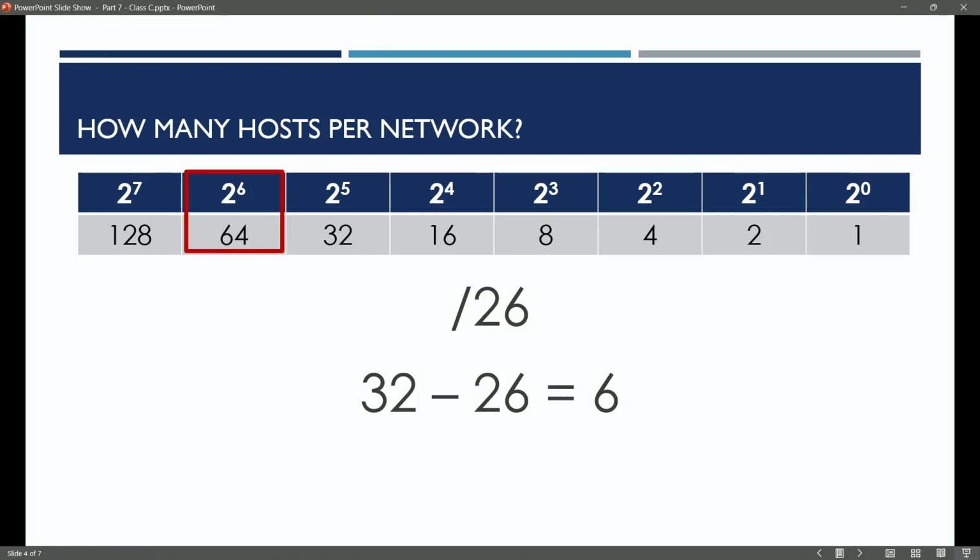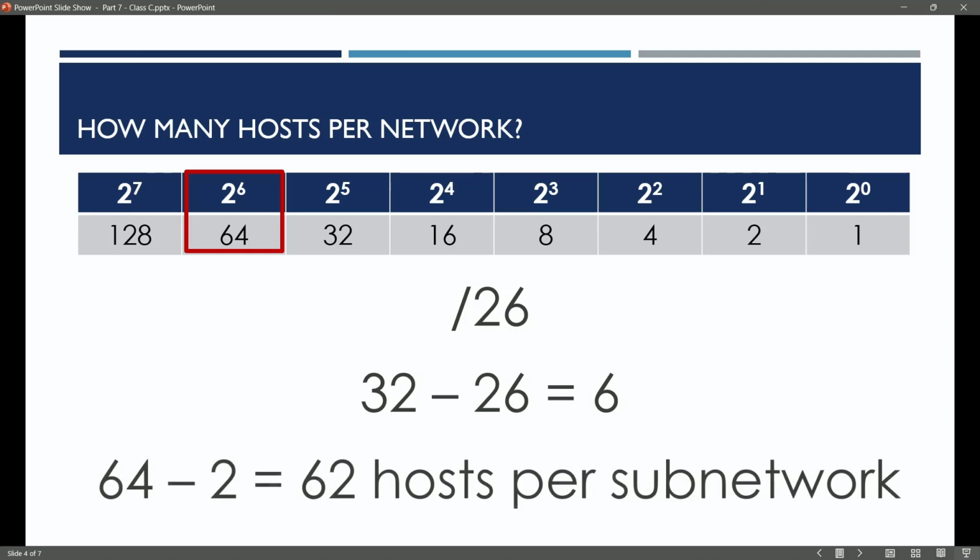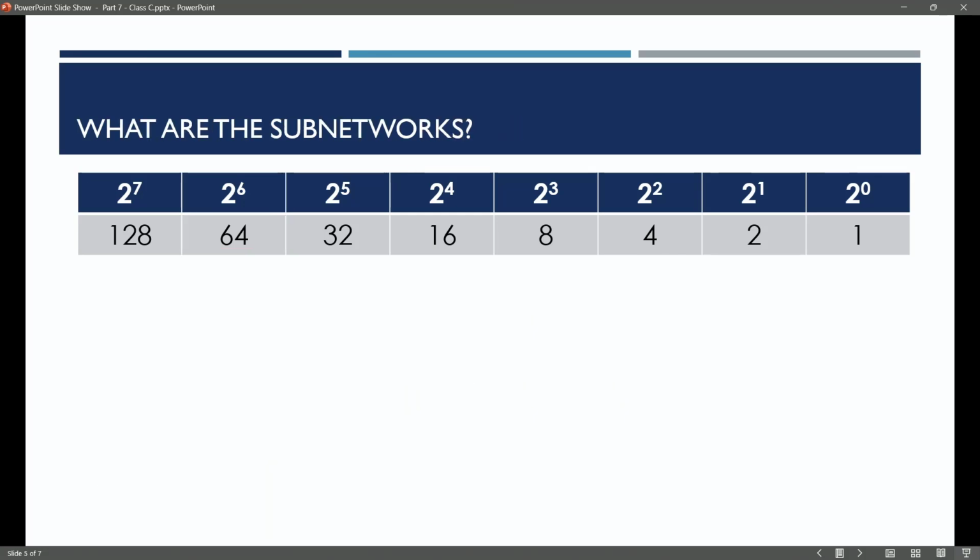So sure enough, 2 raised to the 6 is 64, and if we subtract 2, we can have 62 hosts per subnetwork. So this /26 mask is going to give us 4 networks, and each network can have 62 hosts. This sounds perfect for a small office environment that wants to create its 4 subnetworks.